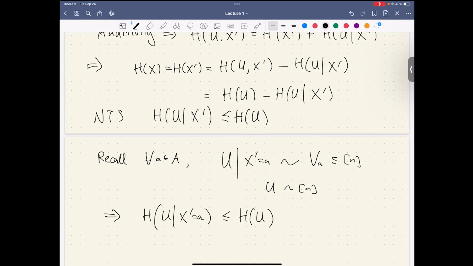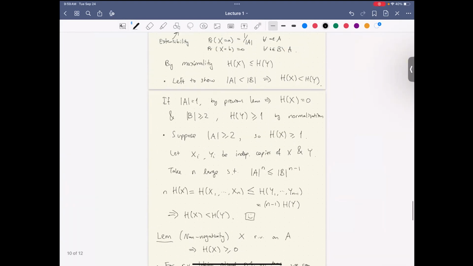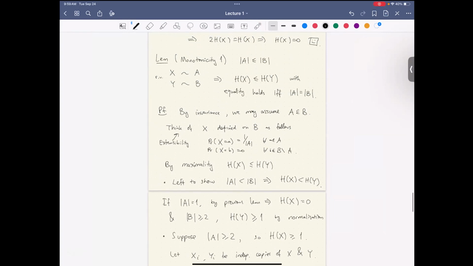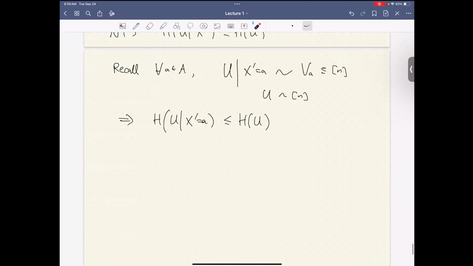Okay. Remember this lemma. Let me show you where it is. It's this one, monotonicity. This is monotonicity.